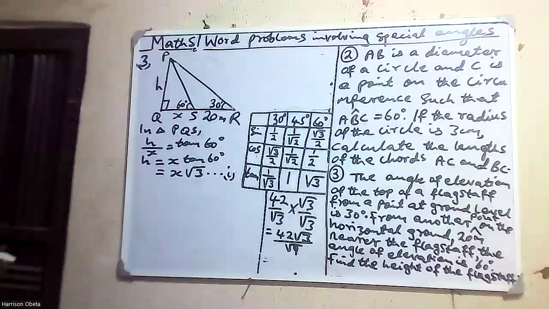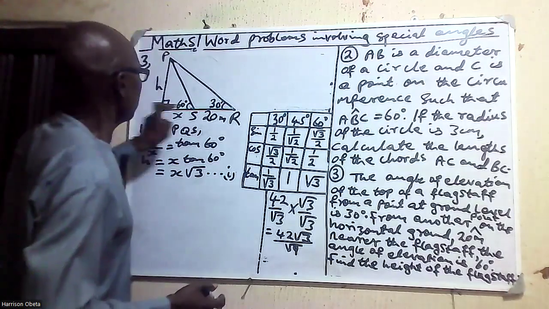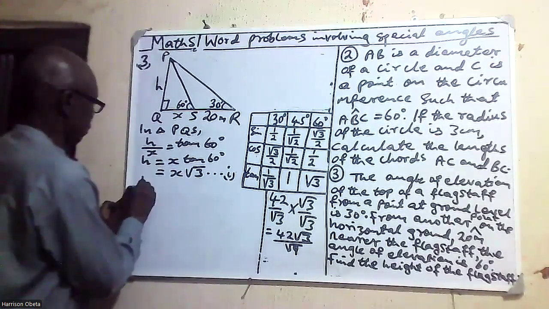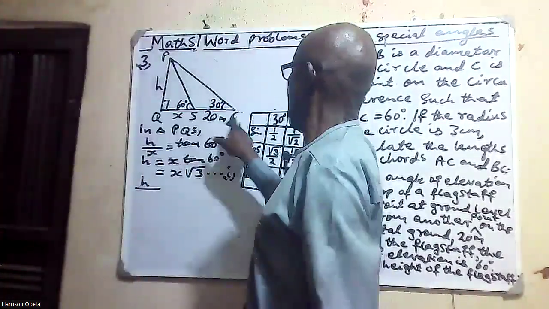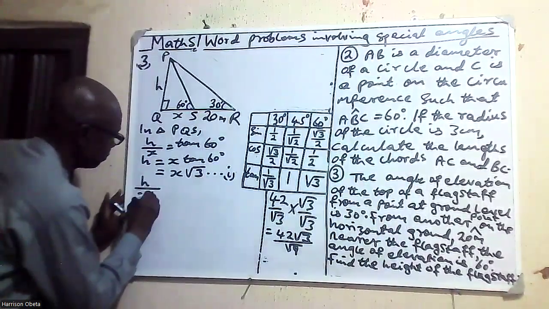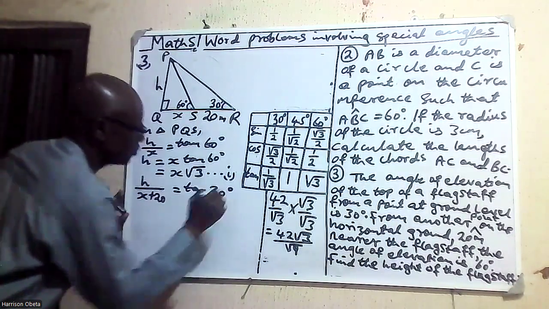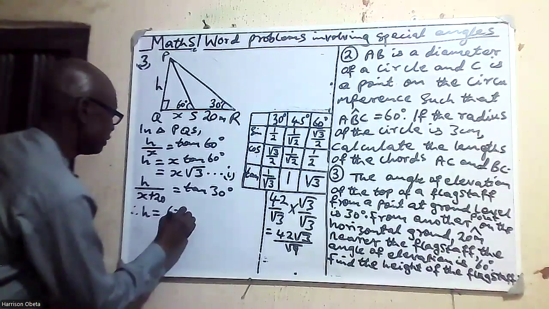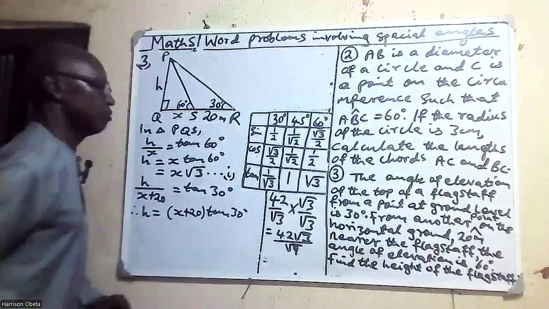Then let us consider the bigger triangle. That is PQR. If you consider PQR, we are going to have H over the whole of this now. The whole of QR should be X plus 20. That will be x plus 20 is equal to tan 30 degrees. And that means that h is equal to x plus 20 tan 30 degrees.